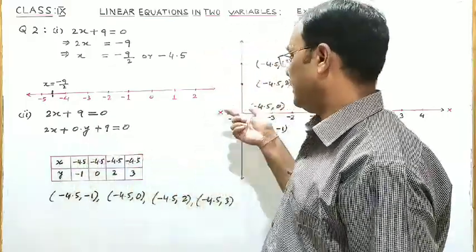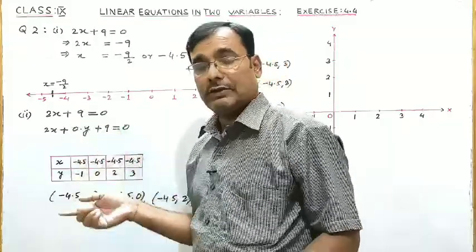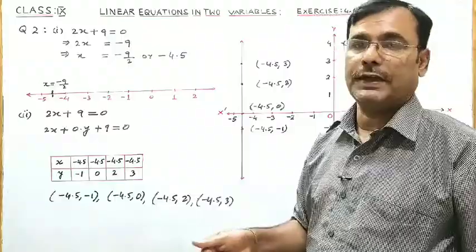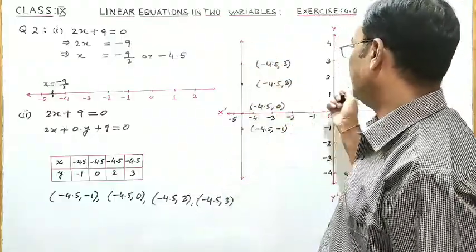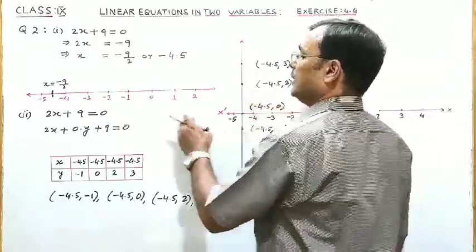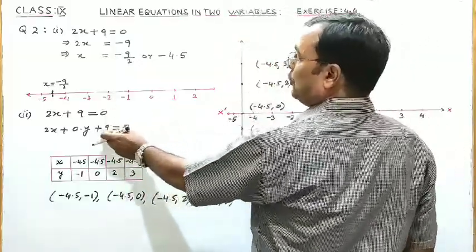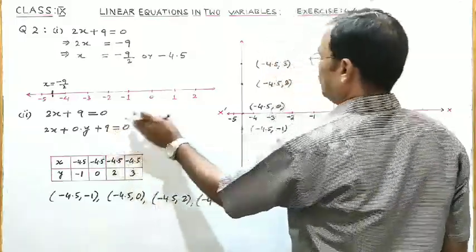So this 2x plus 9 equal to 0 is geometrically represented as an equation in 2 variables by this straight line parallel to the y-axis. Now near this straight line we are going to write this equation 2x plus 0y plus 9 equal to 0 as a linear equation in 2 variables.